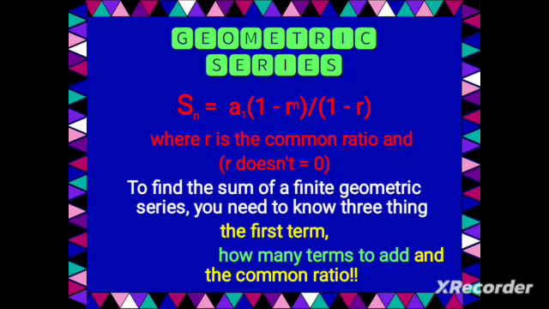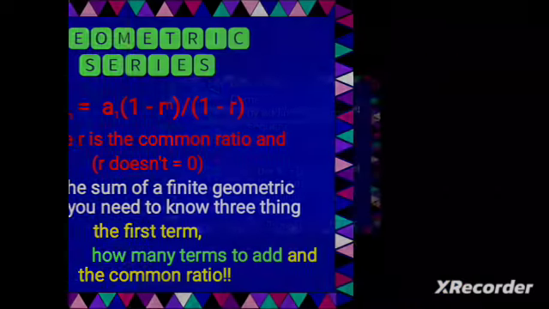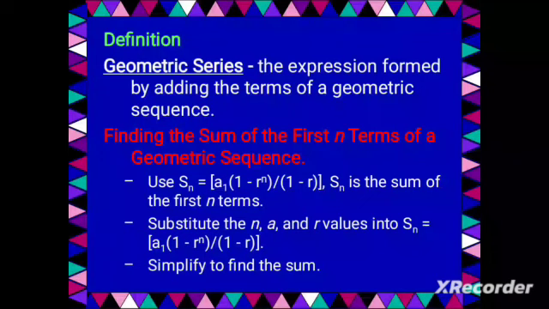So to find the sum of a finite geometric series, you need to know three things. We have the first term. We also need to know how many terms to add and the common ratio. So on the geometric series, the expression formed by adding the terms of a geometric sequence, of course, that is what we said on the definition.